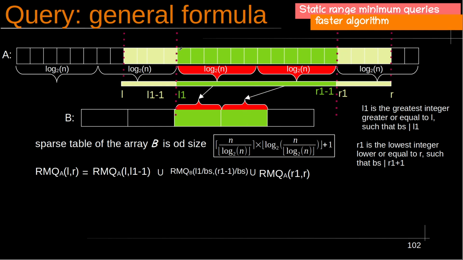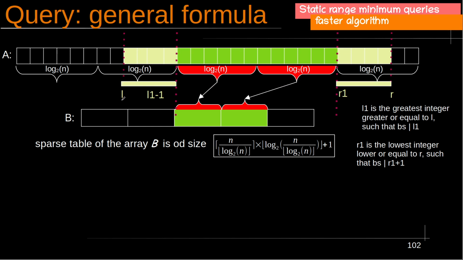How do we know the start point and the end point of these blocks? We know at the first time the left boundary and the right boundary of the range of the original array. It's very simple to find them. Let's speak on the left: are we at the beginning of this block?